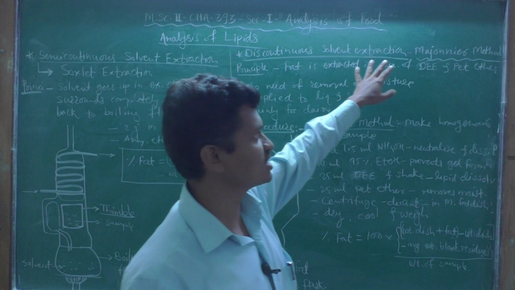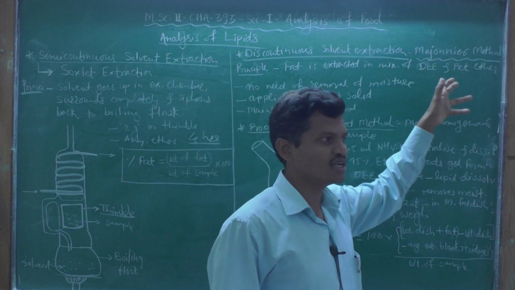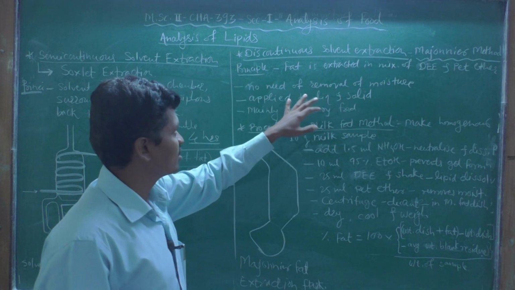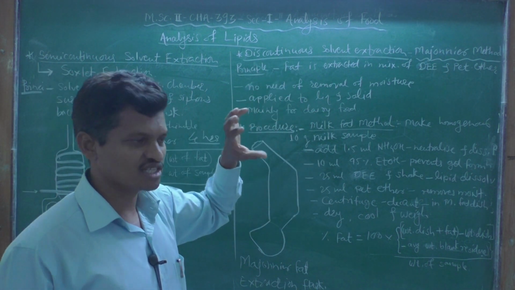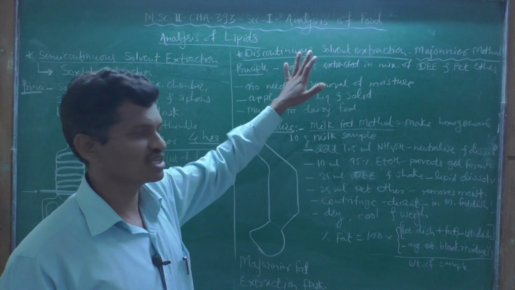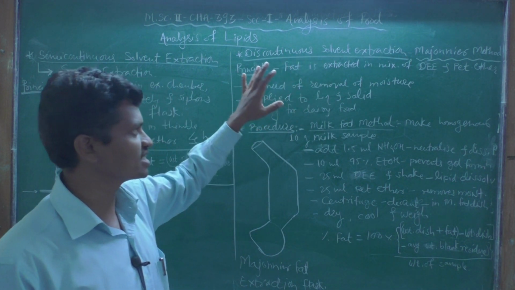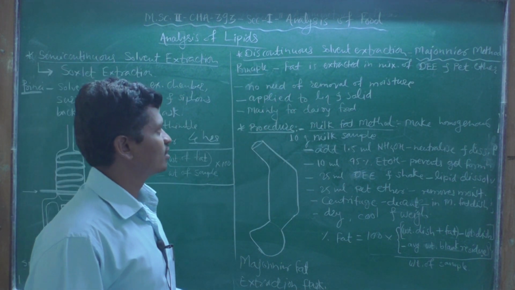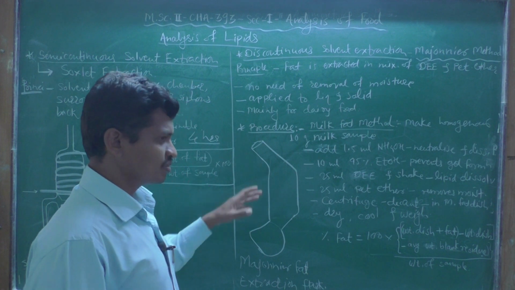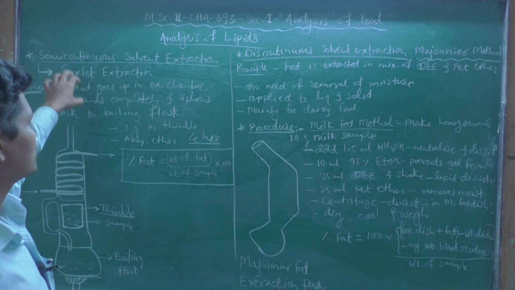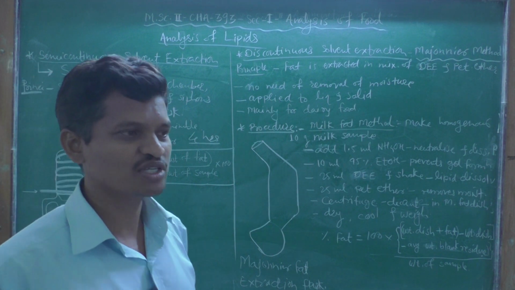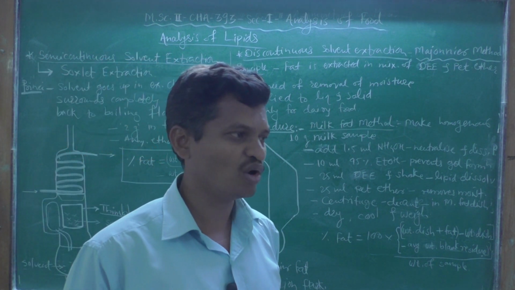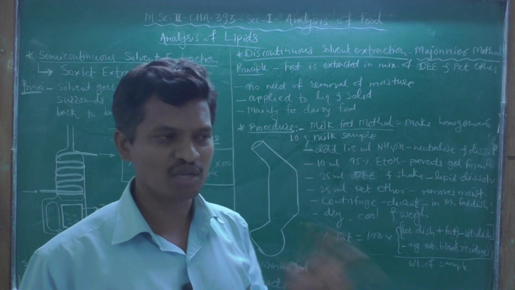Mojonnier is the name of the scientist who discovered this method, and the procedure of this method is like discontinuous solvent extraction, so it is categorized under the same. For continuous and semi-continuous methods, we must have a dry sample, or the moisture from the sample must be removed.